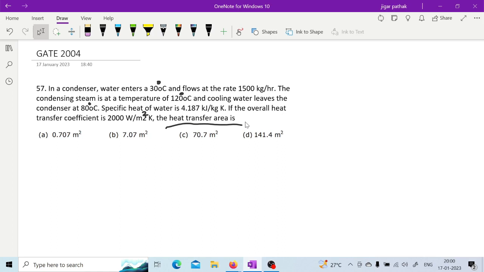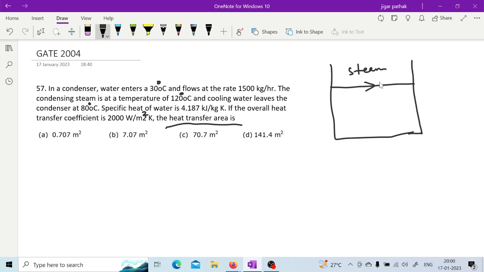So it is a condenser, right? So what is going to happen in a condenser? Steam is going to be converted to water, right? So you will have steam, right, and this water temperature is going to increase, right?